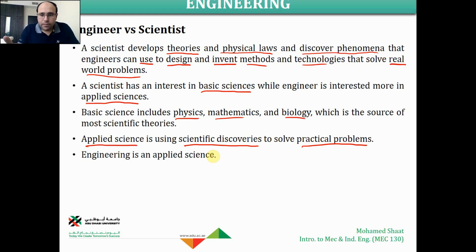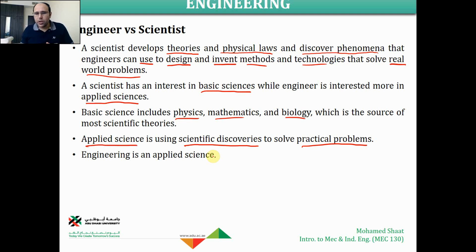So that's why in your study program, whether mechanical engineering or industrial engineering or civil engineering, the study program of engineering should include both, especially in the first years. You're going to study more that is related to basic science: mathematics and physics.